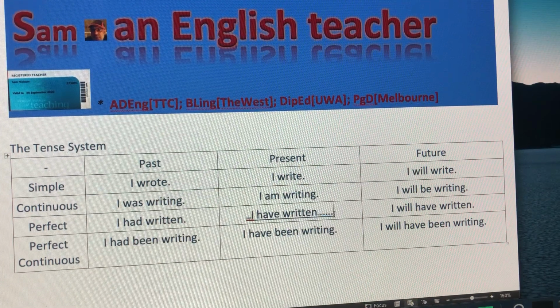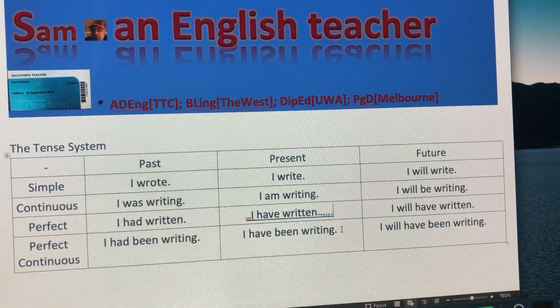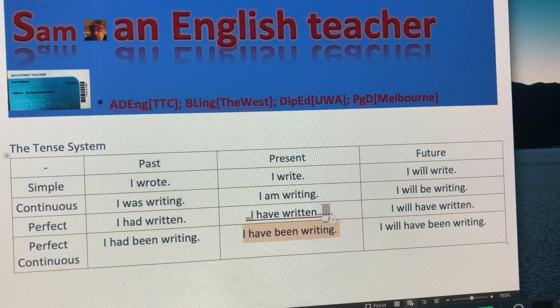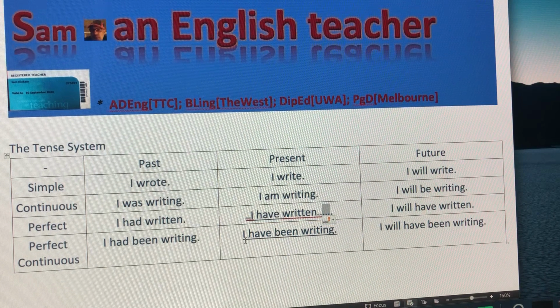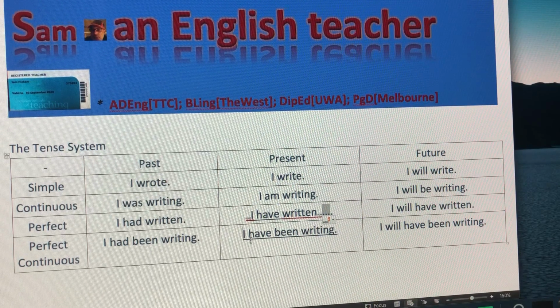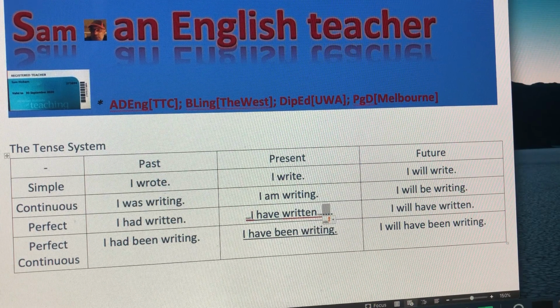Anyway, I have written. This is also that one. Let me see if I can put a line here. And I write again. Here we go. That's better.